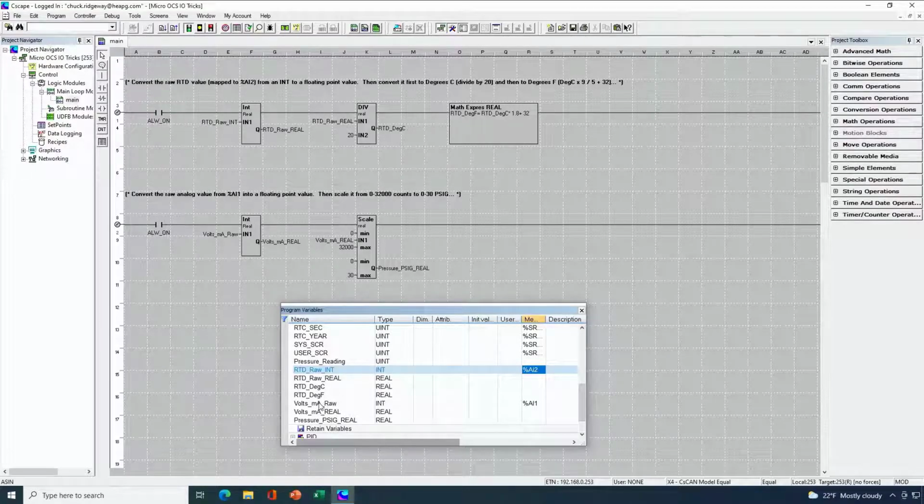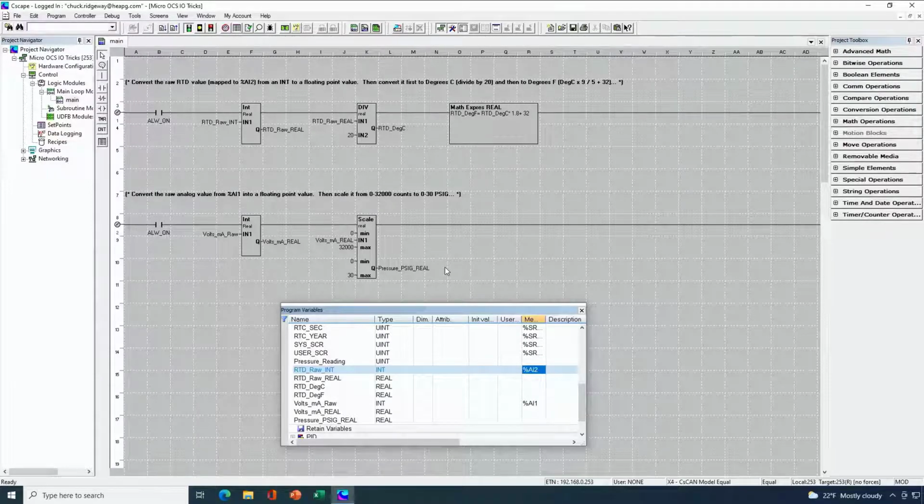In this case, I've got a variable that's mapped to AI1. I'm converting that to a real variable. And then I'm scaling 0 to 32,000 coming in to 0 to 30 going out in real. And that gives me my PSIG on the output side.